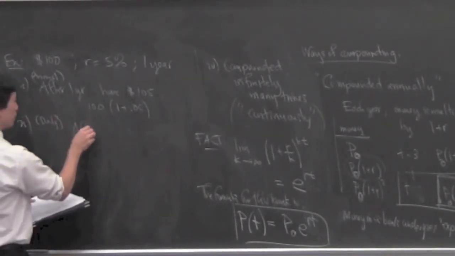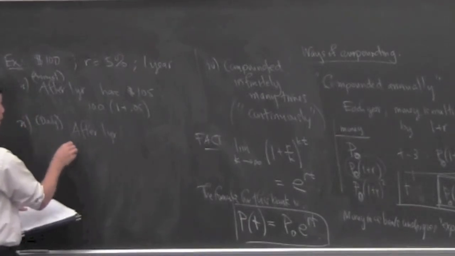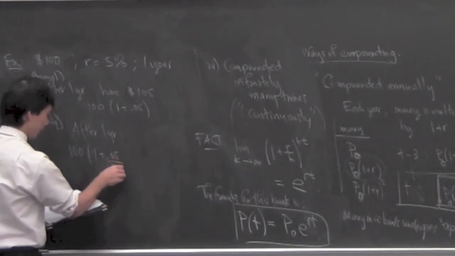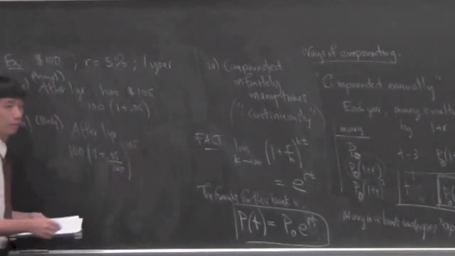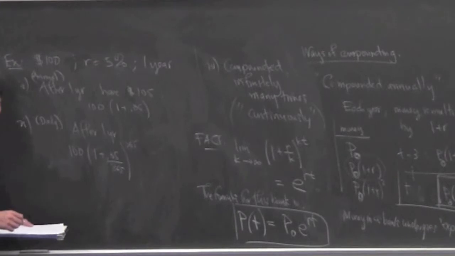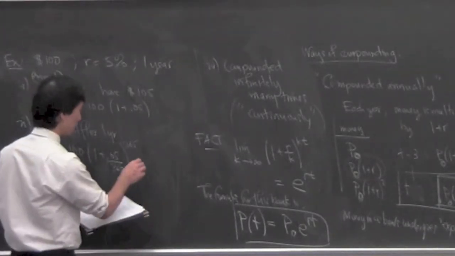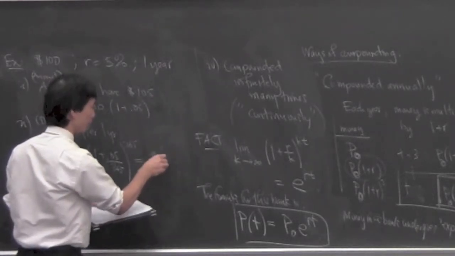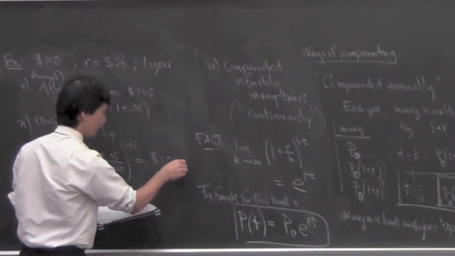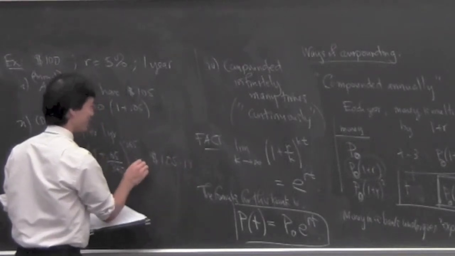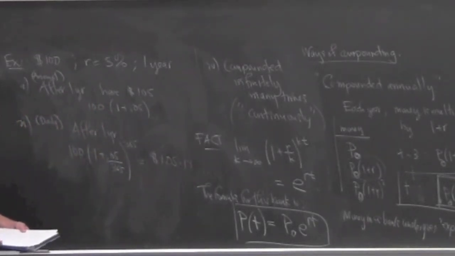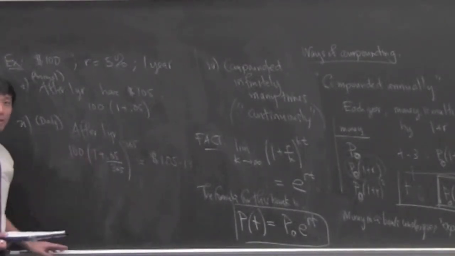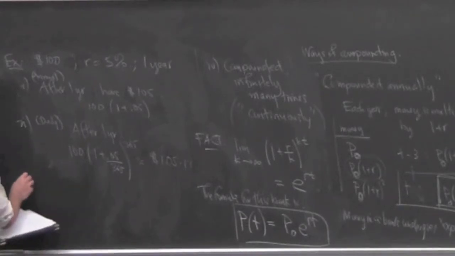After 1 year, you'll have 100 times (1 + 0.05/365) to the 365, and that turns out to be about $105.15. So compounded daily is just a little bit better than compounded yearly.